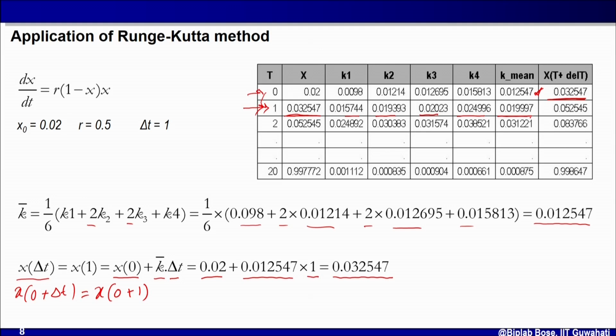That is 0.01997. Now using the same addition, this k mean into delta t, that is x at time 1 plus delta t will be equal to x at time 1 plus k mean into delta t.